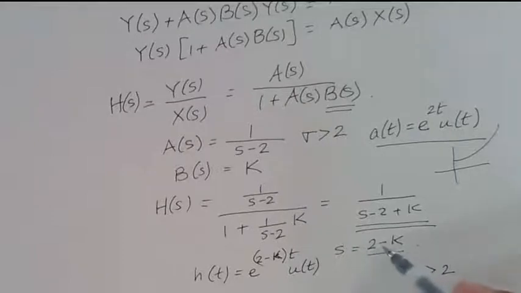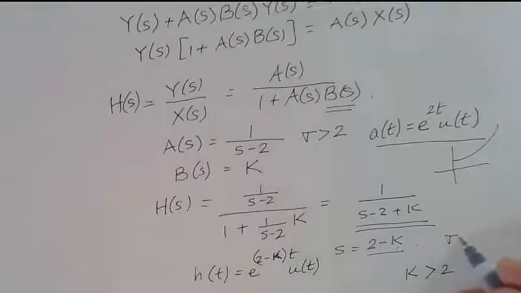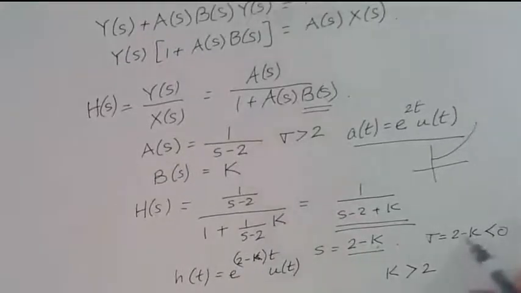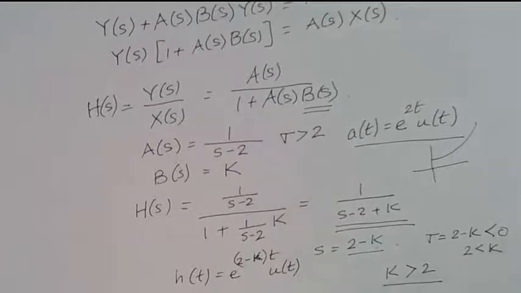If s equals 2 minus k, the pole, and k is greater than 2, then sigma, actually we only have a real part, so sigma will be equal to 2 minus k, and for this to be less than 0, which is what we need for a stable system, all I need is 2 to be less than k, or k to be greater than 2.